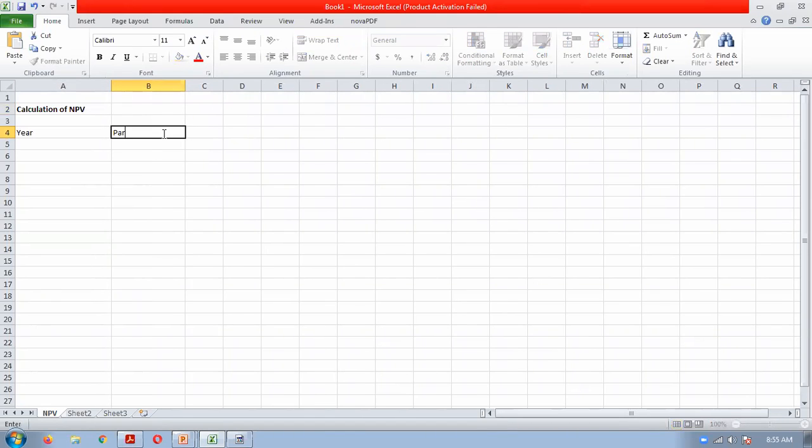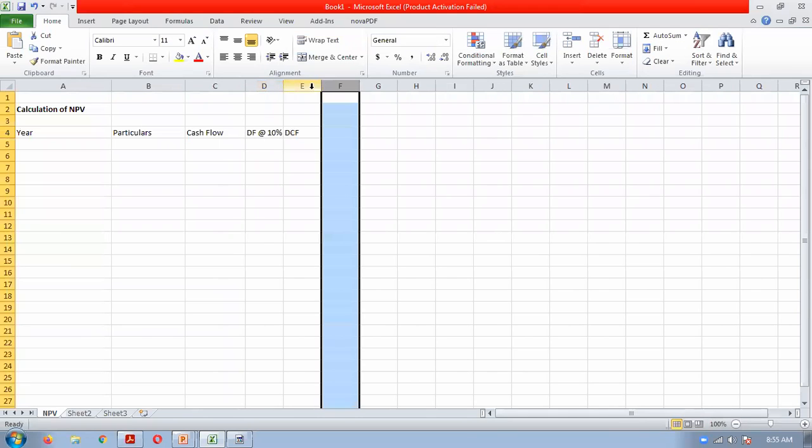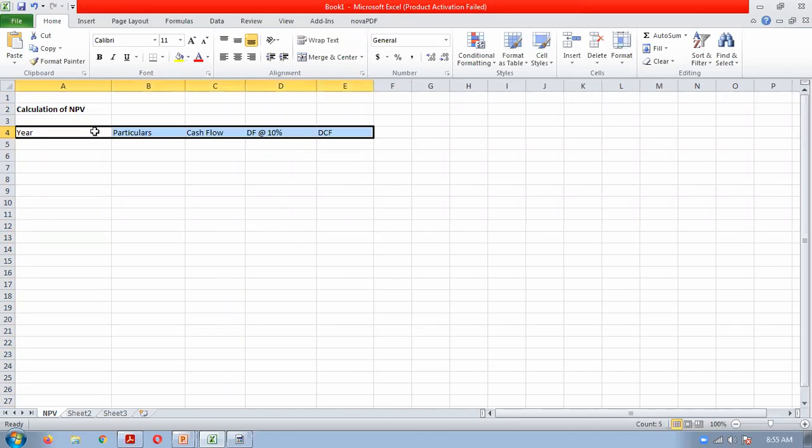Particulars, cash flow, discounting factor at 10%, and discounted cash flow. So this will be the table. If you remember, this table is similar to the bond valuation which we have done already.